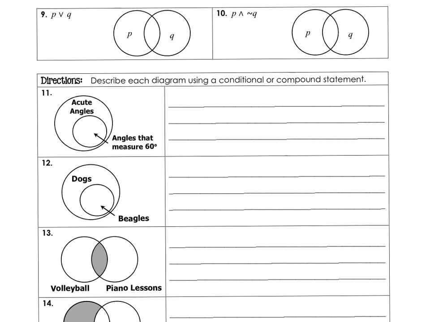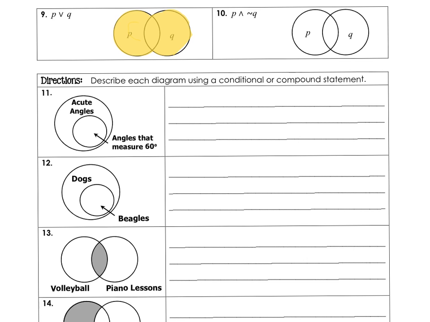P or Q, so these are the elements that are either in P or in Q, so that includes everything. There, that's pretty good. If I can erase this a little, there we go. That's P or Q.